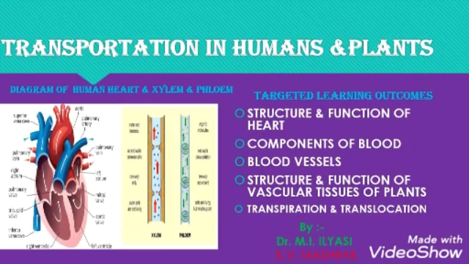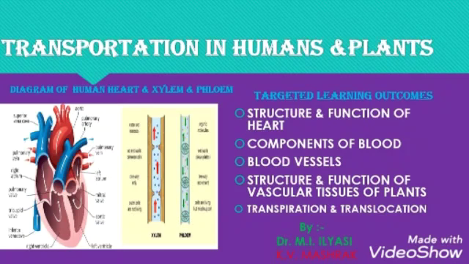These chambers prevent the oxygen-rich blood from mixing with the blood containing carbon dioxide. The right half of the heart receives deoxygenated blood, whereas the left half receives oxygenated blood.